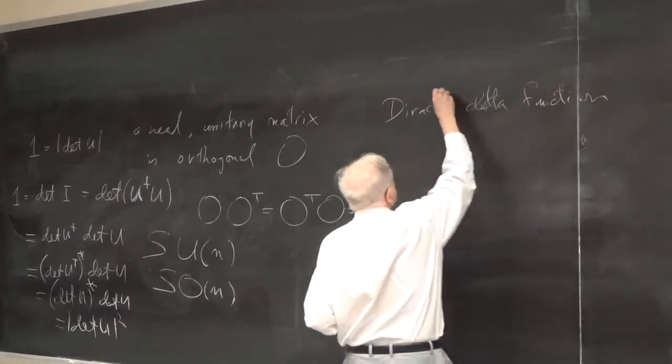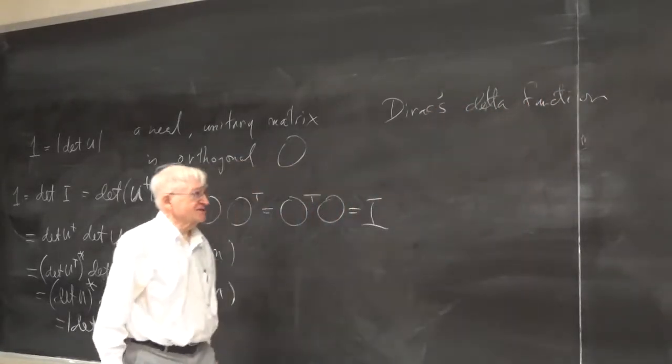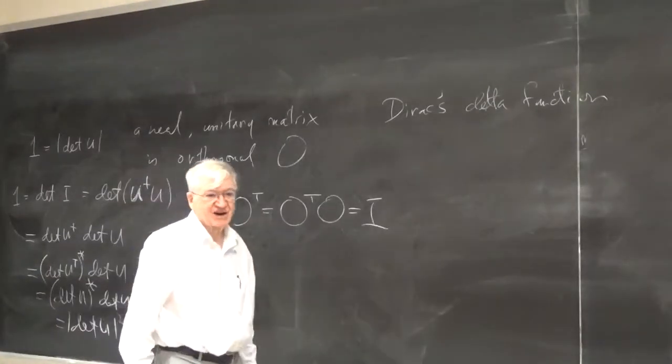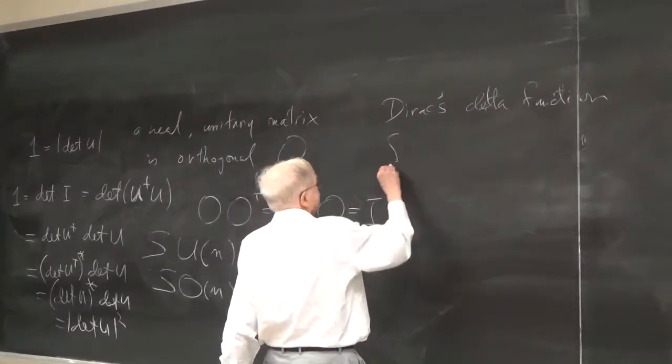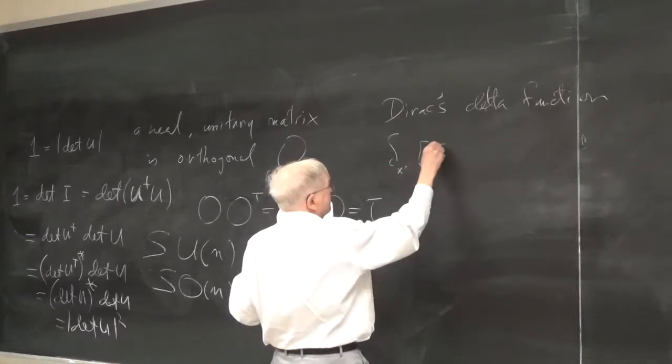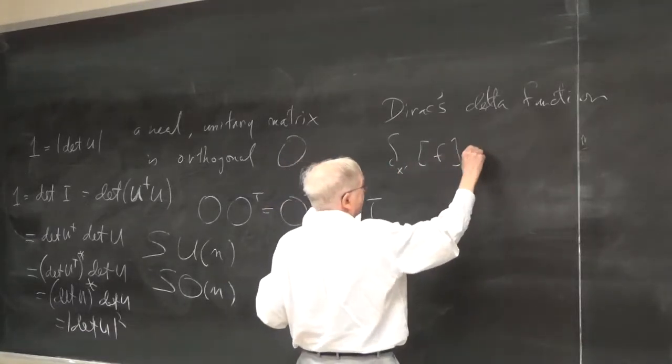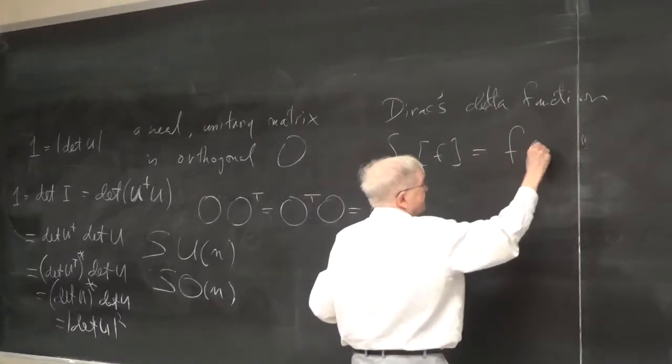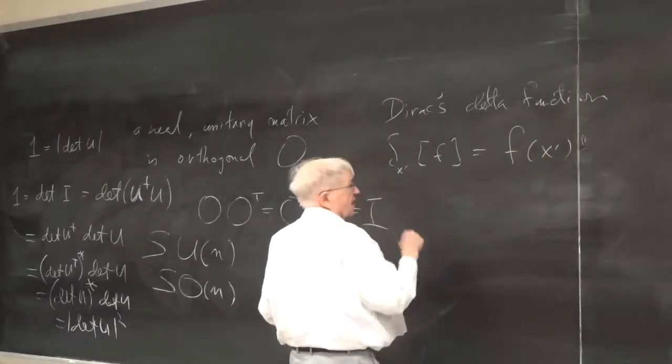And of course, the first thing you learn about Dirac's delta function is that it's not a function, it's actually a functional. So Dirac's delta function, delta sub x prime, for example, maps a function f into the value of the function at the point x prime.